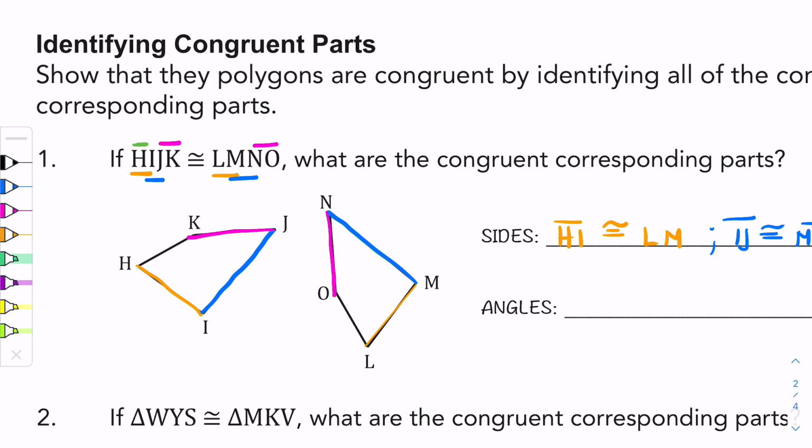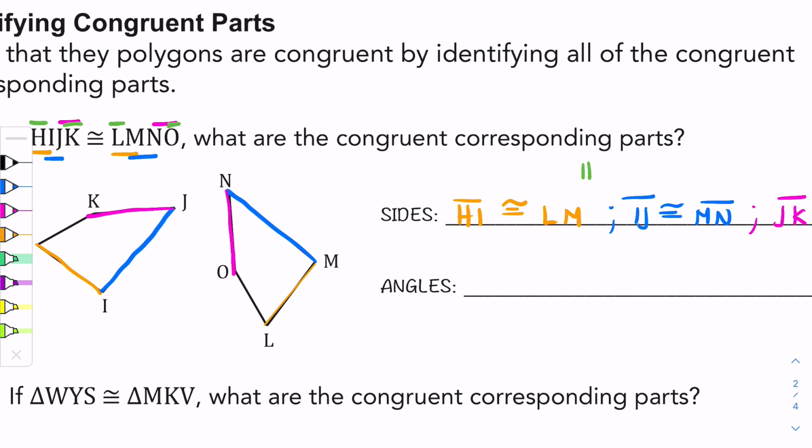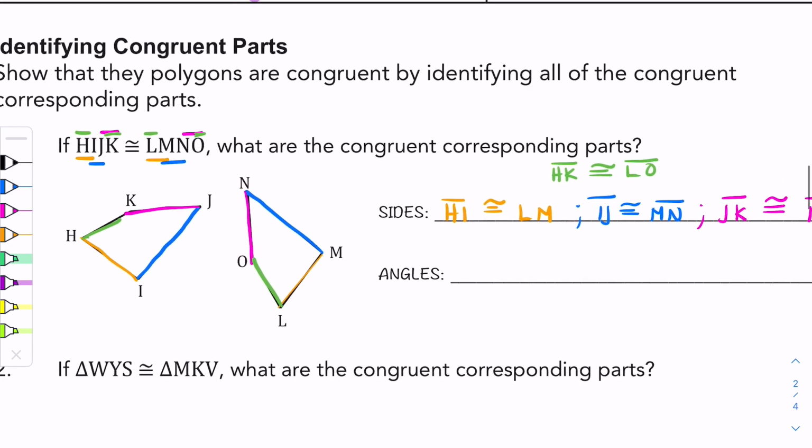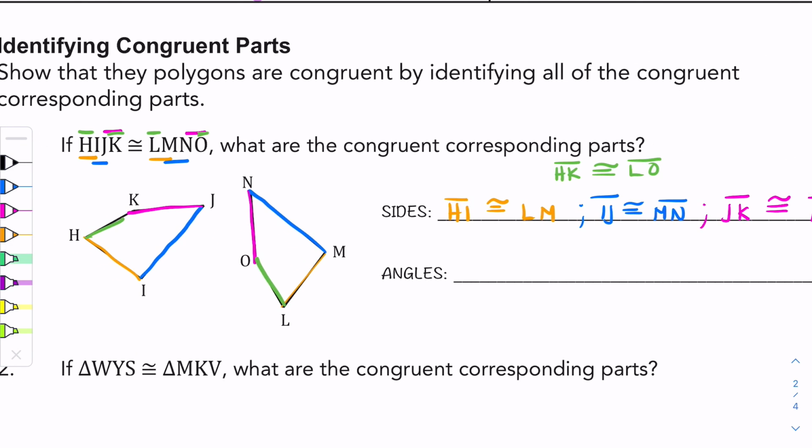So if we have H, K, and L, O. If I compare that on here, HK and LO. All of those sides are congruent. So again, you either do it from the statement or from the model, but either way, you're going to get the same answer. You have to make sure your corresponding parts are lined up when you write out your statement.